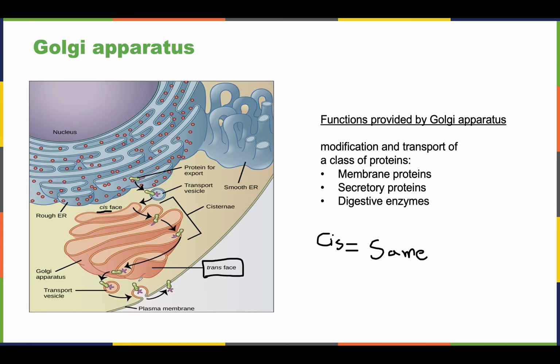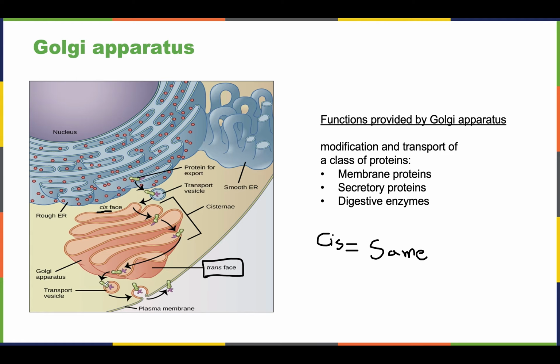Trans means different. So then this protein comes out using the membrane on the trans face, buds out, forms a little vesicle, and then this vesicle moves where it's supposed to go in the cell. In this case, we're looking at the plasma membrane protein.